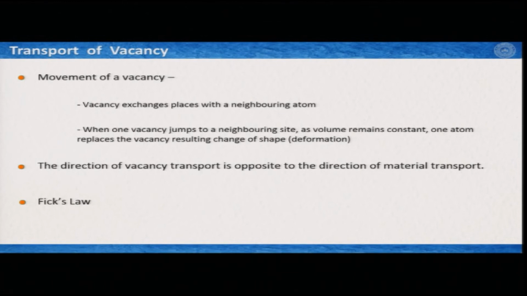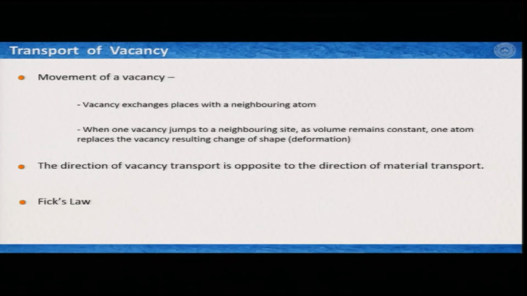The direction of vacancy transport is opposite to the direction of the material transport, this we also have learnt. And here Fick's law is important, where flux is directly proportional to the distance and inversely proportional to the chemical concentration of the material we are talking about.